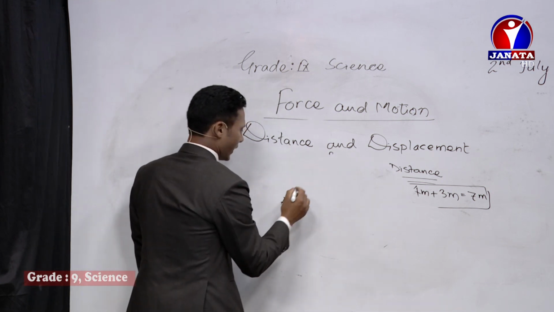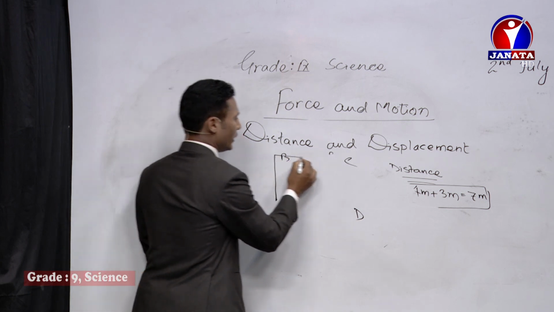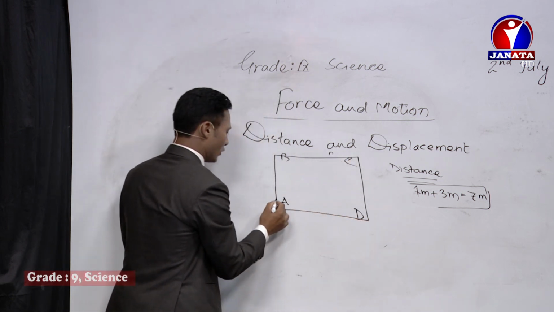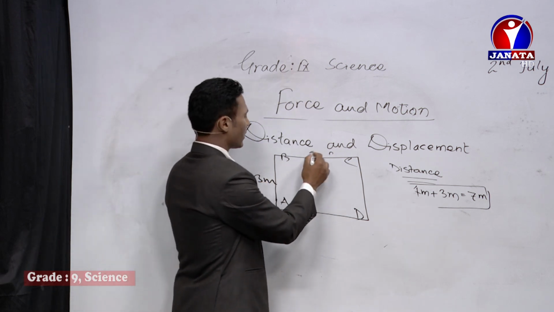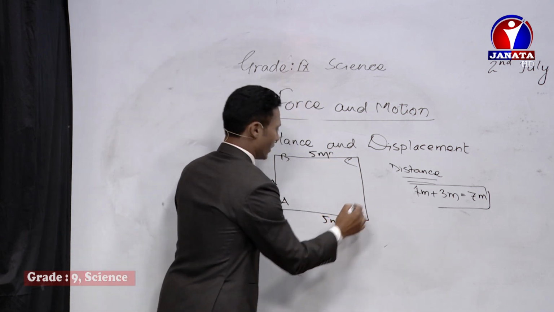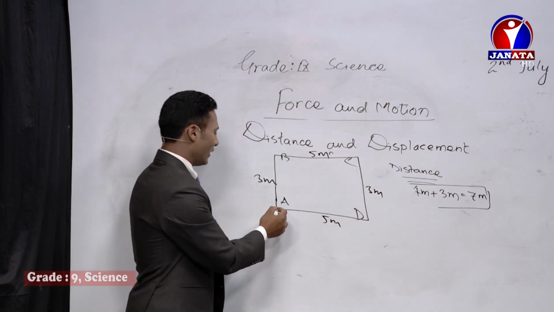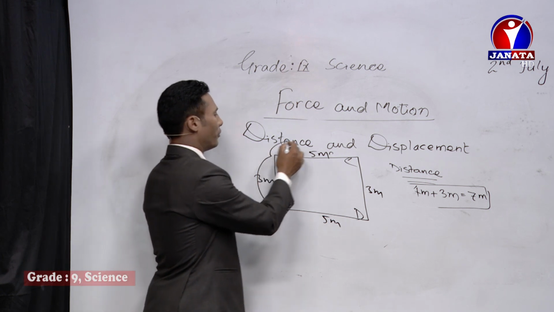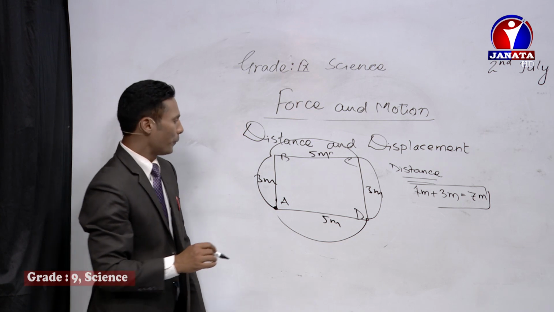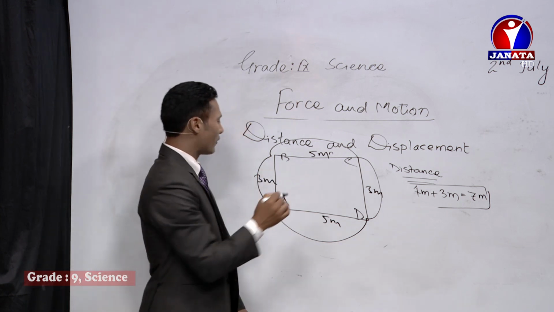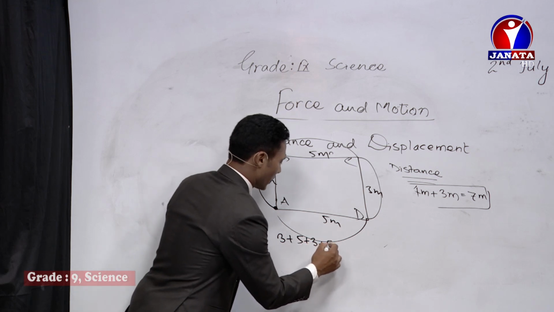One more example of displacement: suppose A, B, C, D are there. So from A to B, B to C, C to D, and D to A, right? Suppose this is 3 meters, this one is 5 meters, 5 meters, and 3 meters, right? Now a person travels from A to B, B to C, C to D, and D to A. So the total distance traveled is 3 meters plus 5 meters plus 3 meters plus 5 meters.